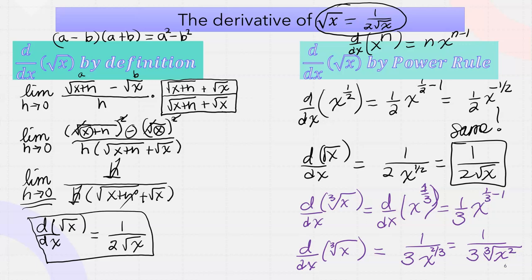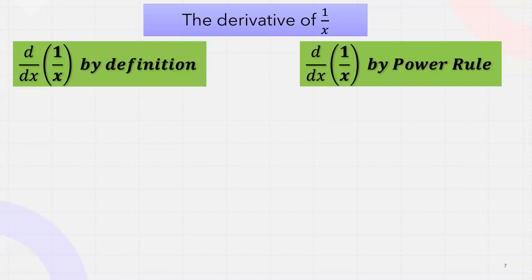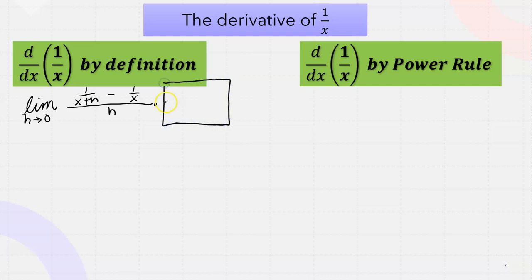Okay? Now, another one that kind of follows the power rule is 1 over x. Okay, so here, based on the definition, you will have limit as h goes to 0 of 1 over x plus h minus 1 over x all over h multiplied by, we are going to multiply by 1 to clean that up. And the 1 here for a complex fraction is the least common denominator over the least common denominator.